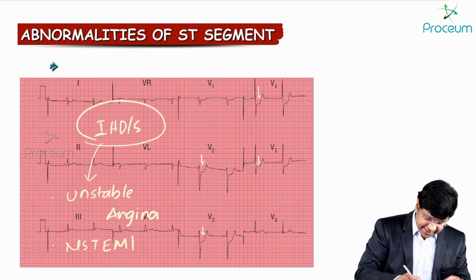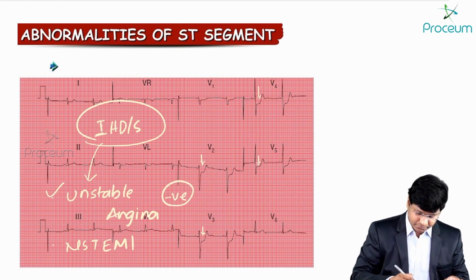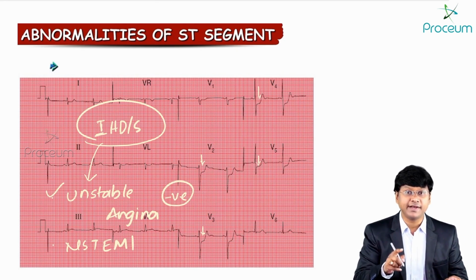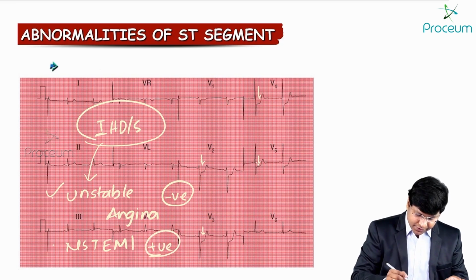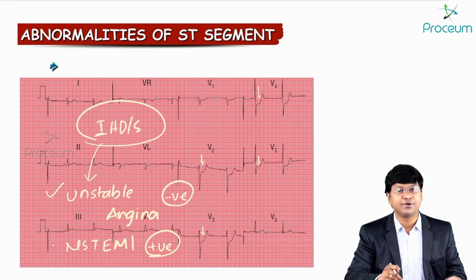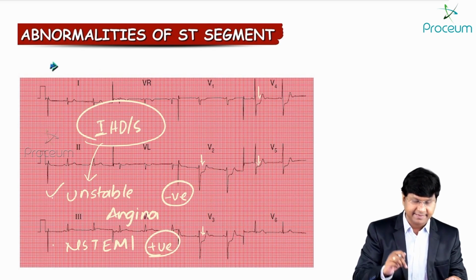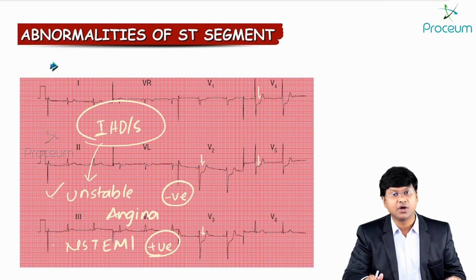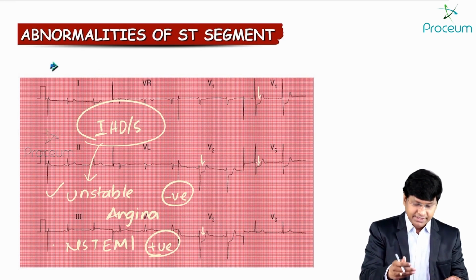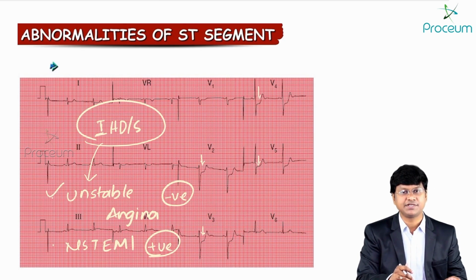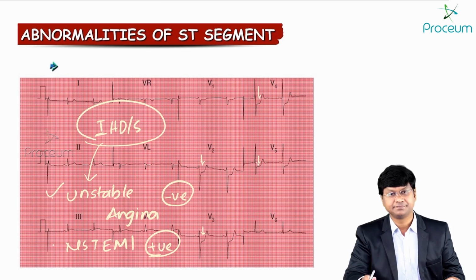In unstable angina, the cardiac biomarkers will be negative, whereas in non-ST elevation MI, the cardiac biomarkers will be positive. So what I mean to say from this ECG is that ST segment depression is seen in non-ST elevation MI as well as unstable angina.